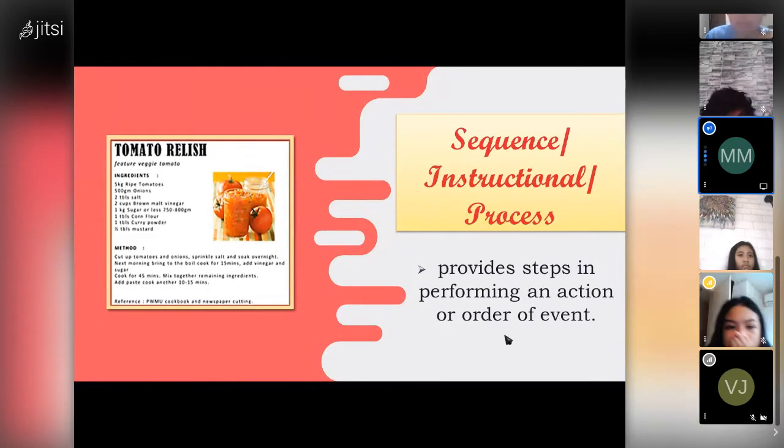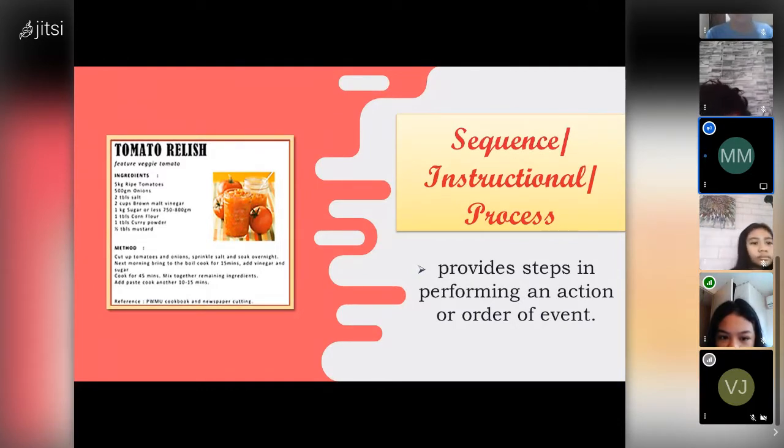The example there is tomato relish, or it is teaching us or instructing us, showing us steps on how to make a tomato dish.